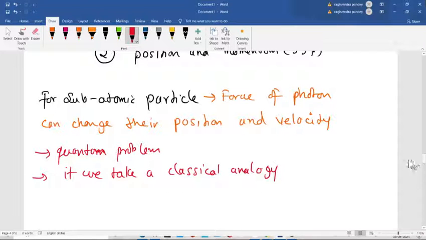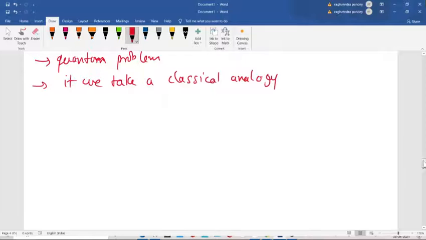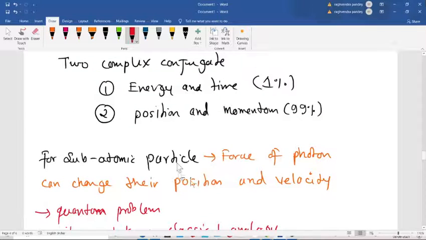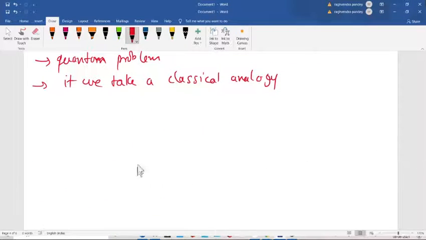Because the force of the photon is comparable to the mass of the subatomic particles, electron, proton, that's why they are ejected. Let's take a tennis ball.